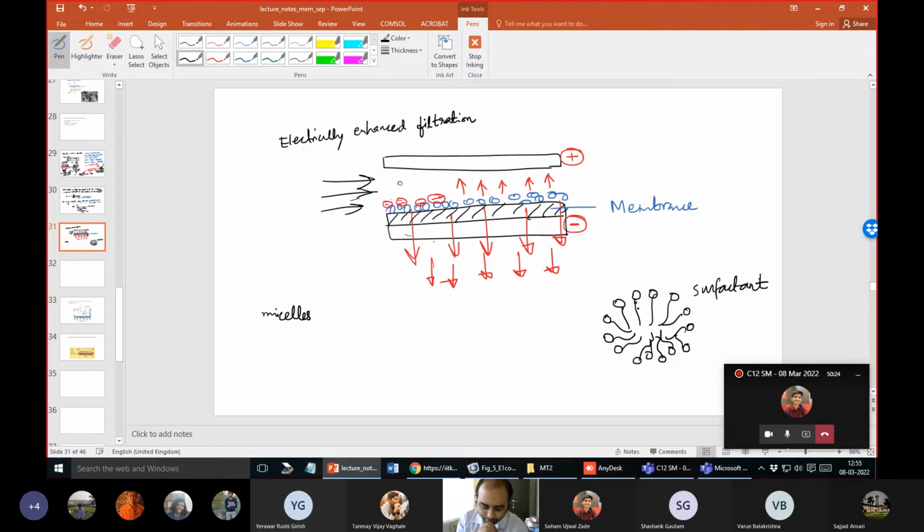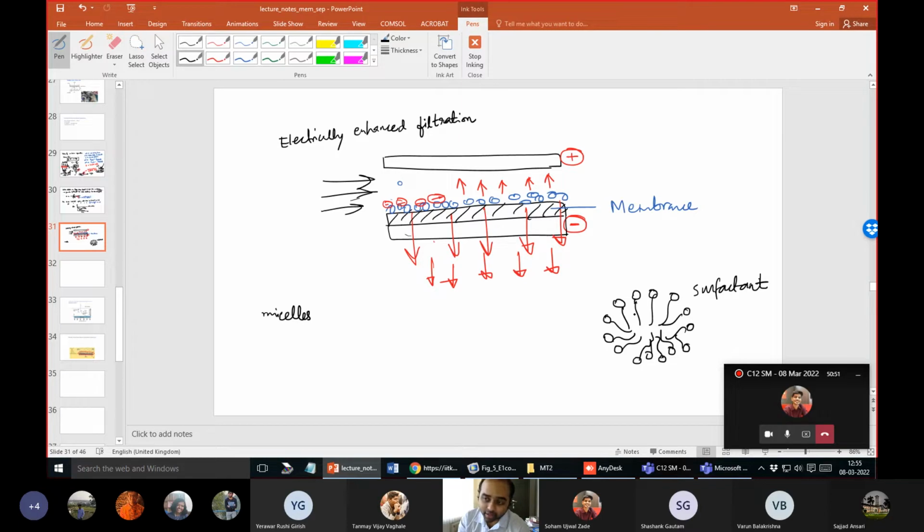Typically a micelle diameter is around 3.5 to 4 nanometers. That's a significantly large molecule compared to the size of a sodium chloride molecule, which is less than 1 nanometer, around 0.2 or 0.3 nanometer.